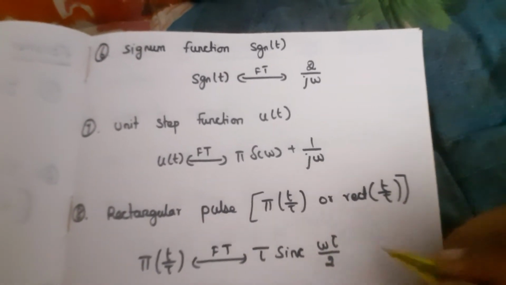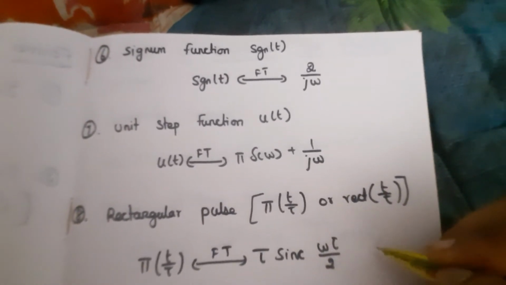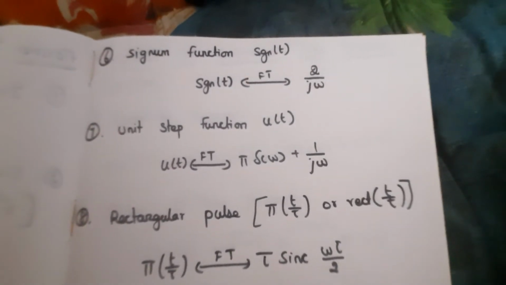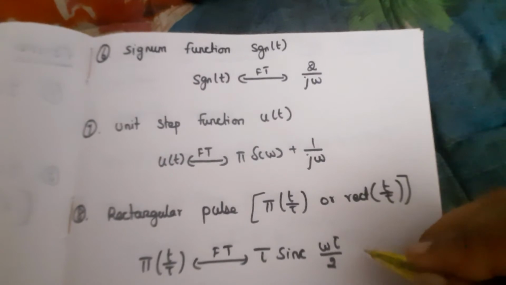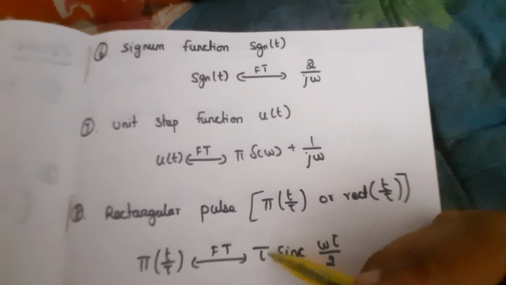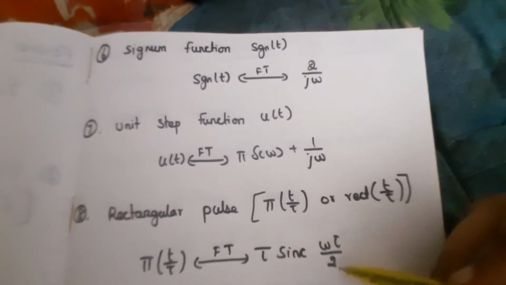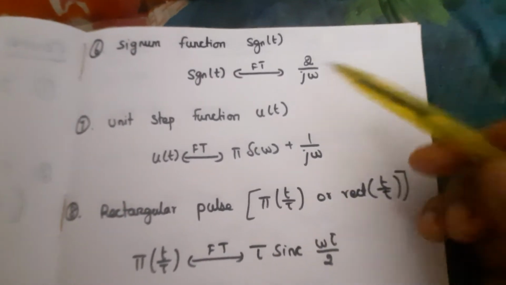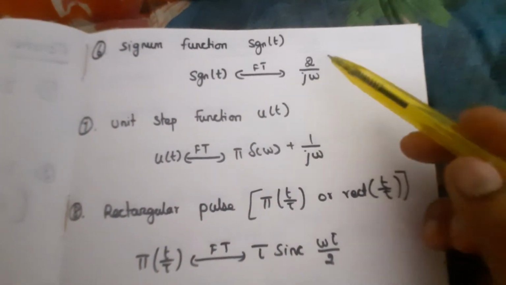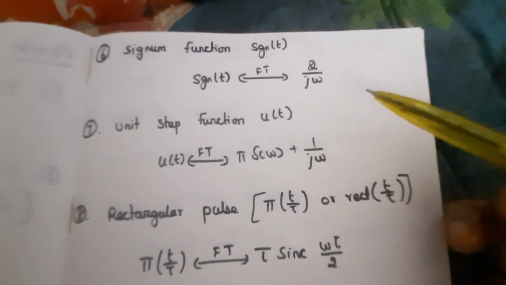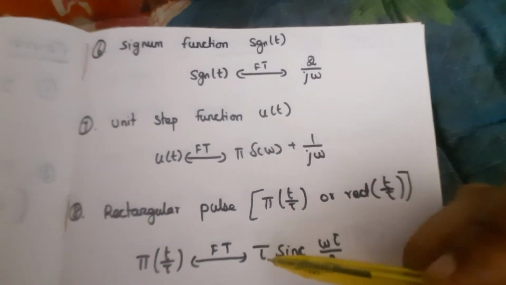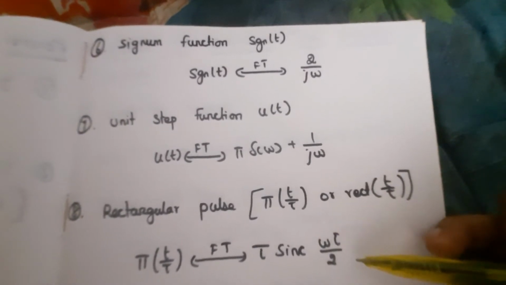In previous years' GATE and other competitive examinations, they asked this question many times. So the Fourier transform of the rectangular pulse is equal to tau sinc omega tau divided by 2. So the signum function is 2 by j omega, the unit step function is 1 by j omega, and the rectangular pulse is tau sinc omega tau by 2.